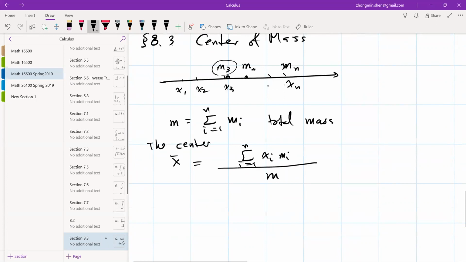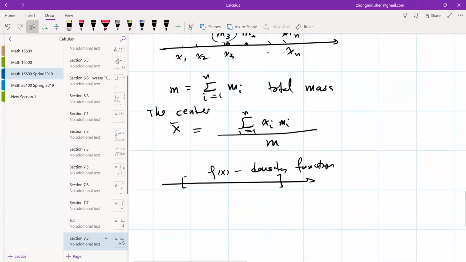Here is a piece of interval, and you have a density function, so the mass is not evenly distributed. In this case, you divide this into many subintervals.